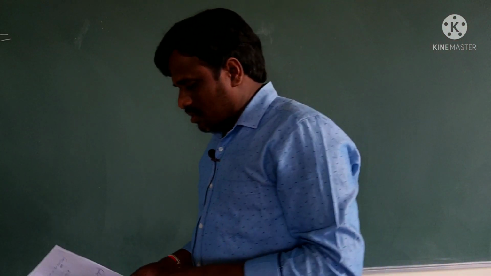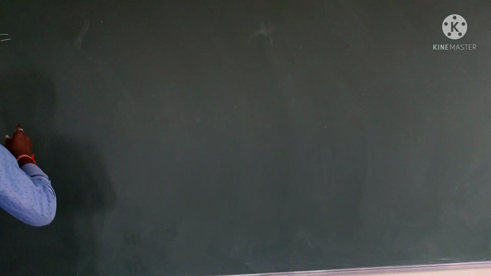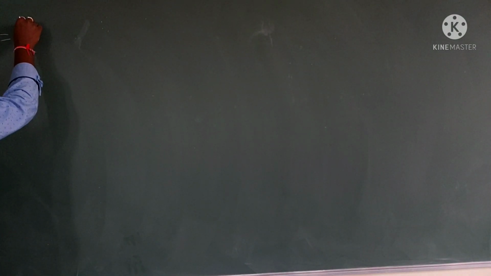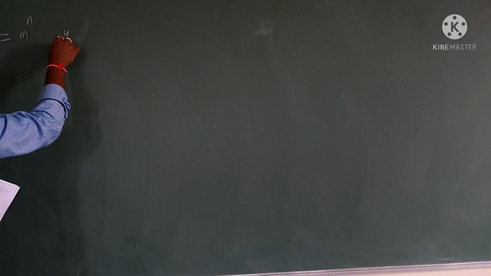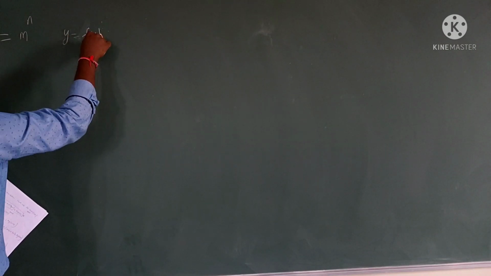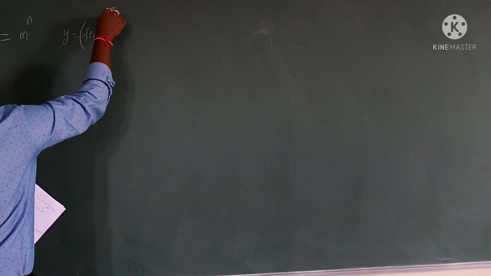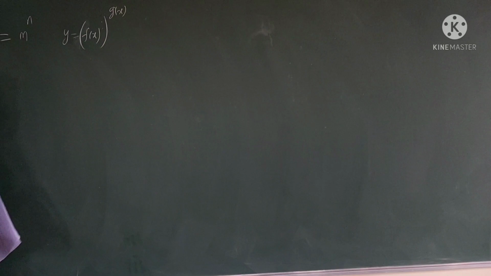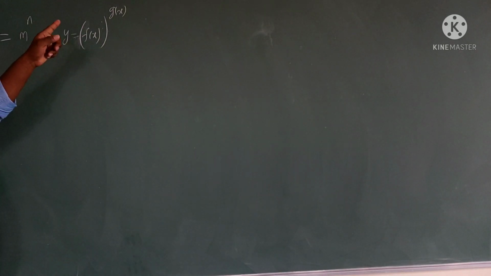Okay. So next one more example. y is equal to m power n. Like you know that y is equal to f of x to the power of g of x. This format is there, like logarithm. Then you have y is equal to m power n. So when you have this format, the shortcut is important.